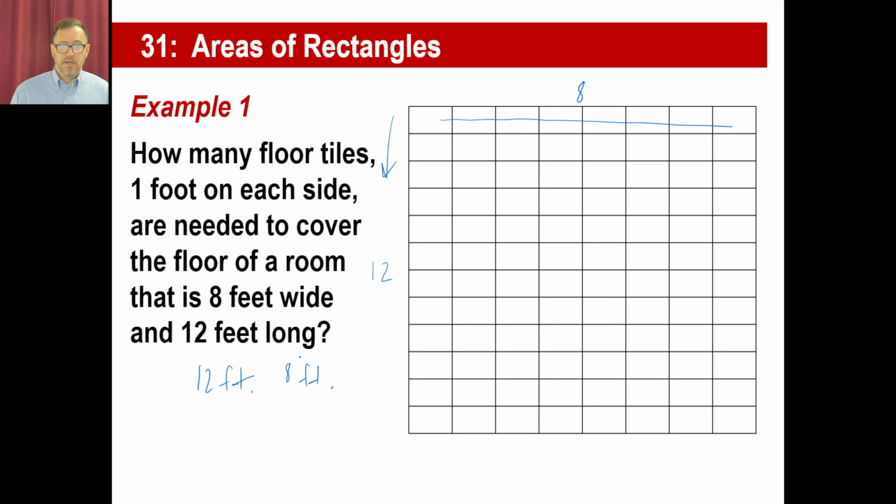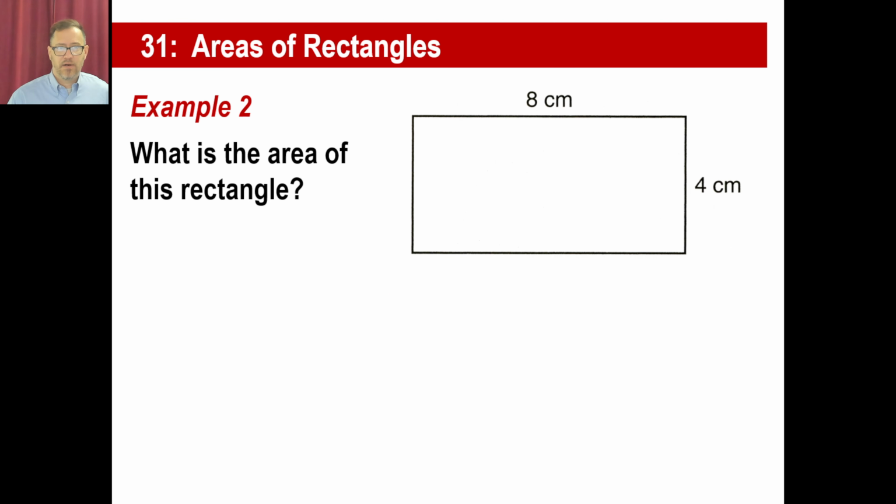So the answer to this problem is 96 square feet, and you put a little 2 there. The 2 means there are 2 dimensions, this way and that way. Eventually we'll get to volume, which is 3 dimensions, like a cube. You're trying to find out how much water or goat's milk to put into the cube or the pool or whatever you have. Okay, so that's area of a rectangle.